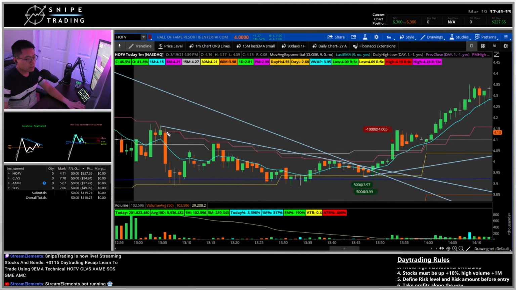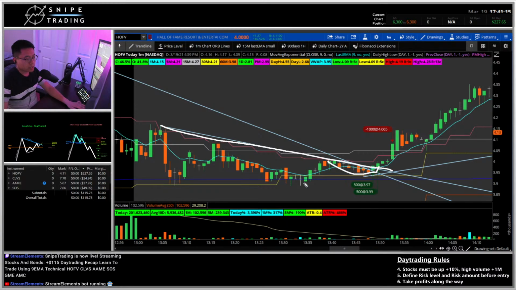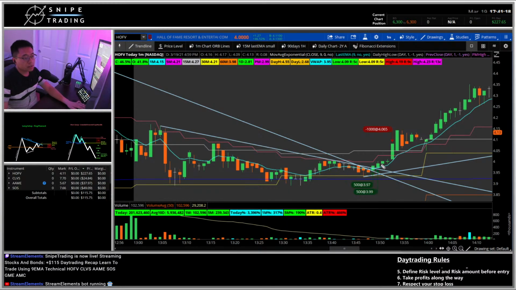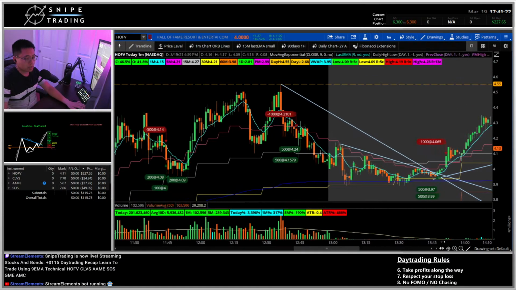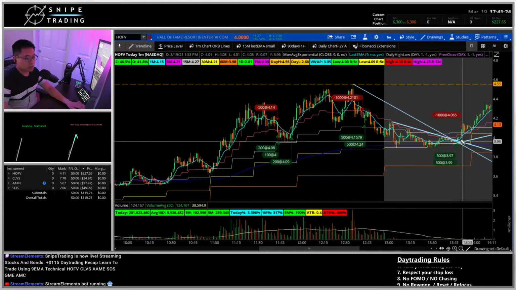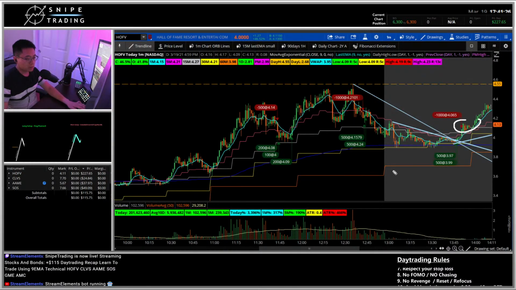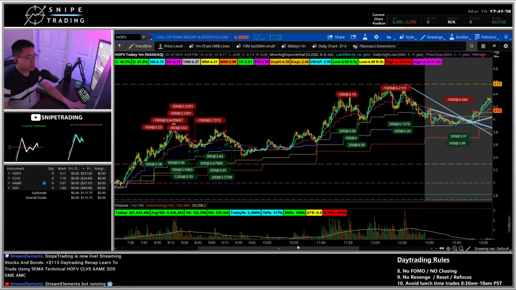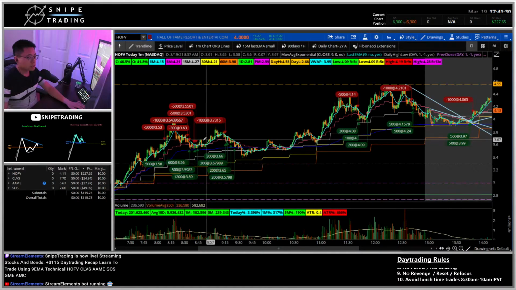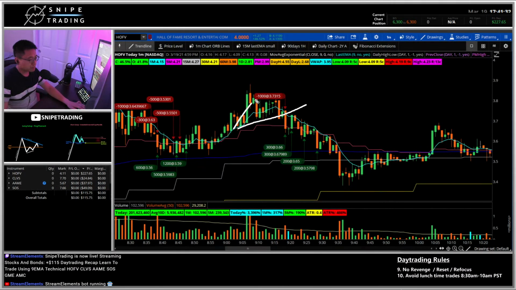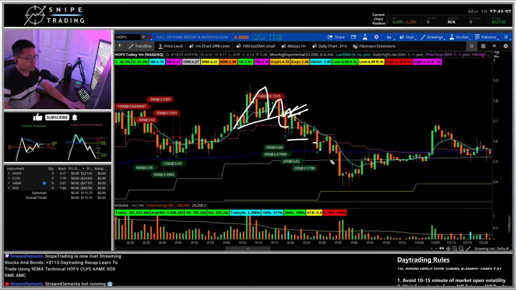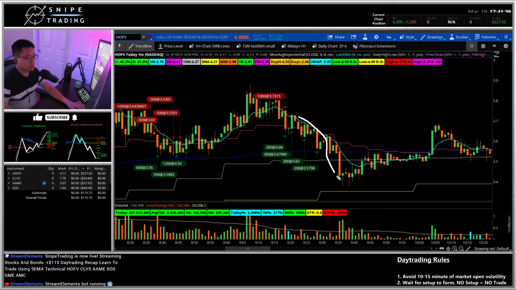So this was a flag break here, lower highs, held VWAP 3 times and broke above it. It was a great entry, but not the best exit. I was also mentioning there was a lot of cup and handle breaks here that I took, and then the covers towards VWAP, and this actually trailed back to the 30-minute chart.